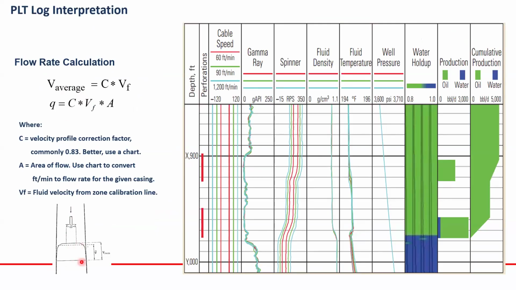So we make an average. This average is calculated in the model based on the casing type, casing size and diameter, and the flow rate. So they have a constant versus the measured velocity.